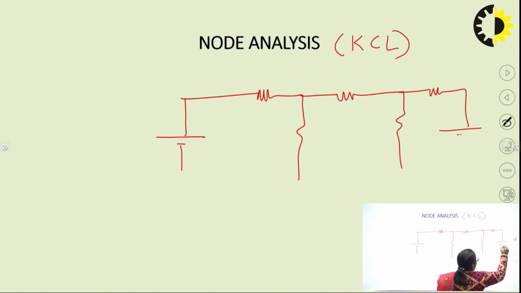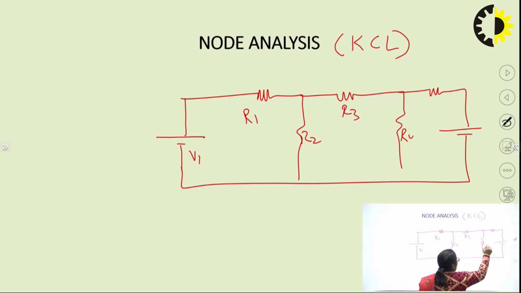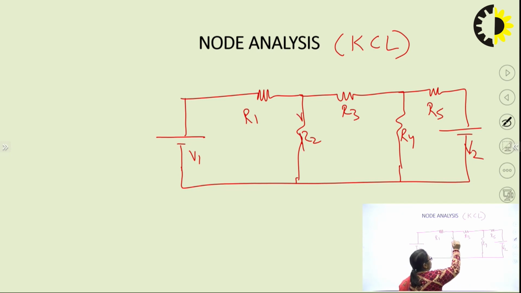Say this is some V1, R1, R2, R3, R4, R5, and this is some V2. Say the question is, find the current in R2 using node analysis, right. How do we go for it?